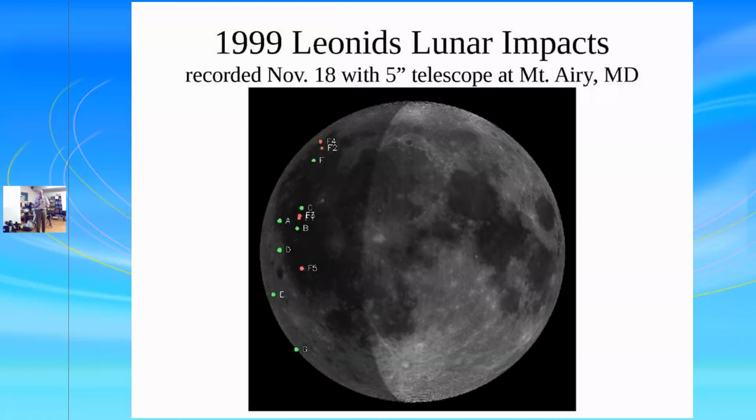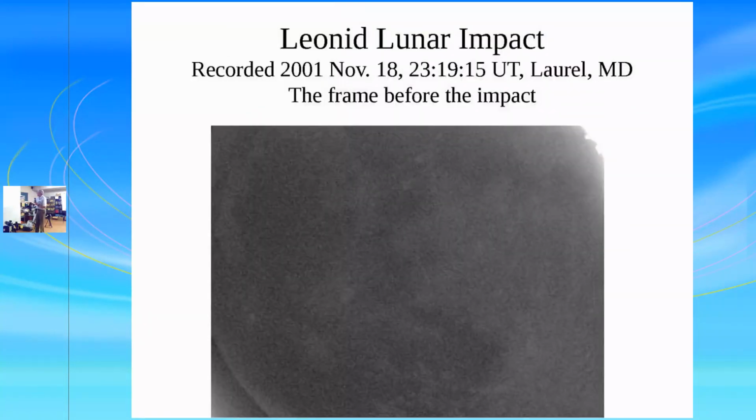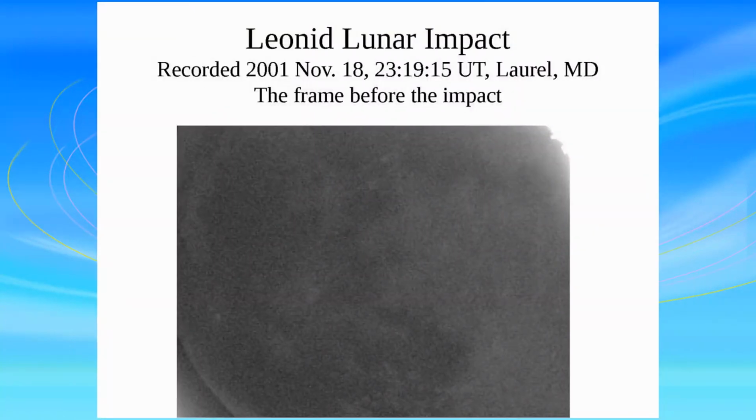And so he saw one of these bright events and timed it, and then he called me, or he sent an email, I think, and said, hey, I got an event at this time. Do you have it in your recording? And so I was really surprised when I played my video back, and there it was. Anyway, the next slide shows.